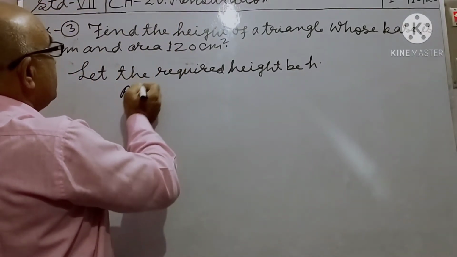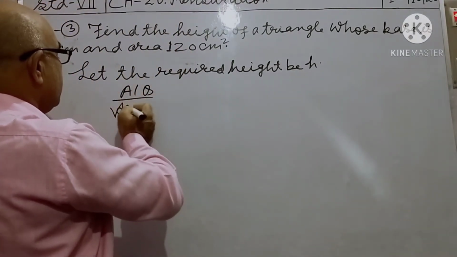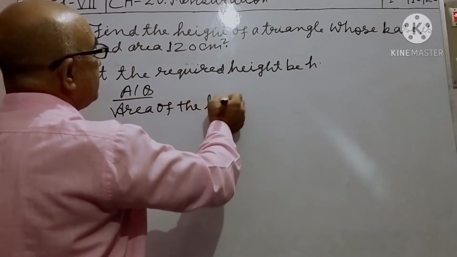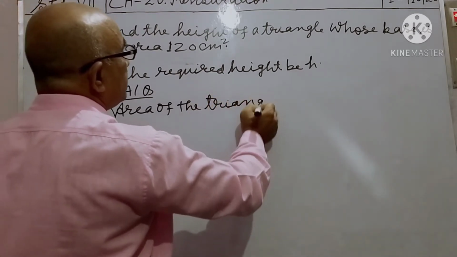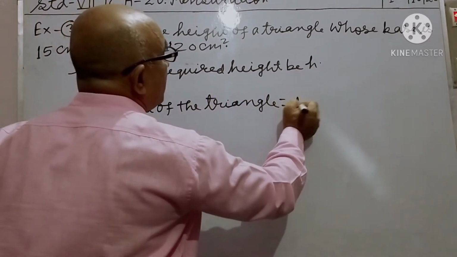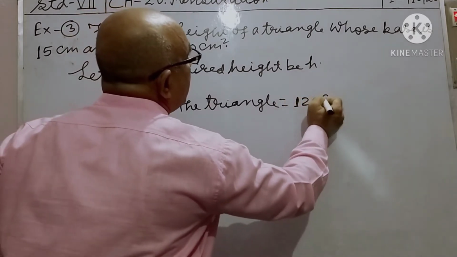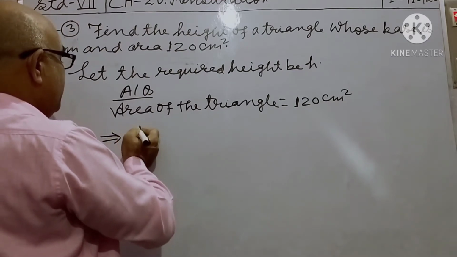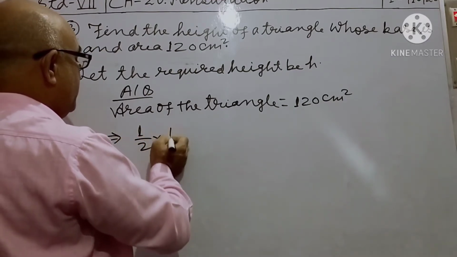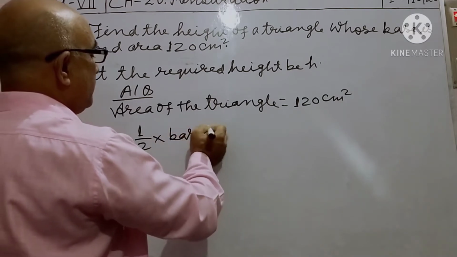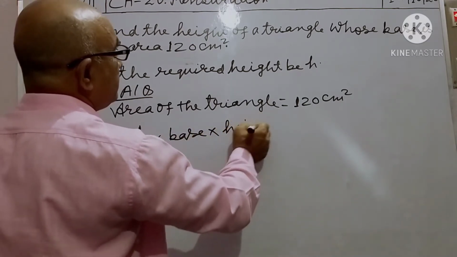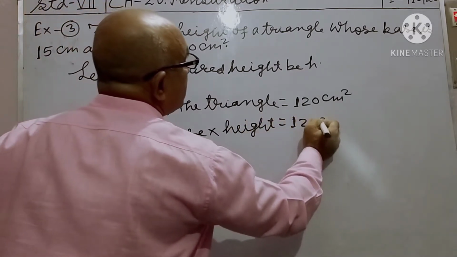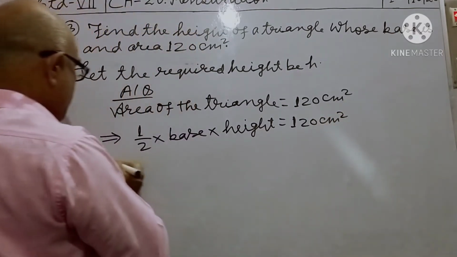According to question, area of the triangle equal to 120 cm square. That implies area of the triangle equal to 1 by 2 into base into height equal to 120 cm square.